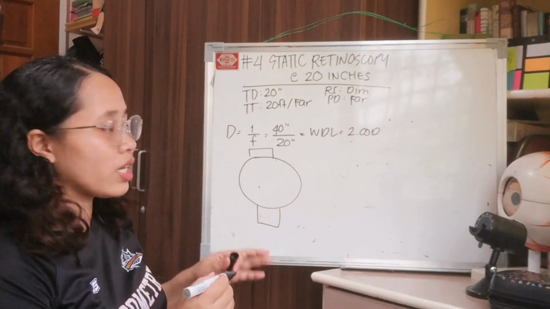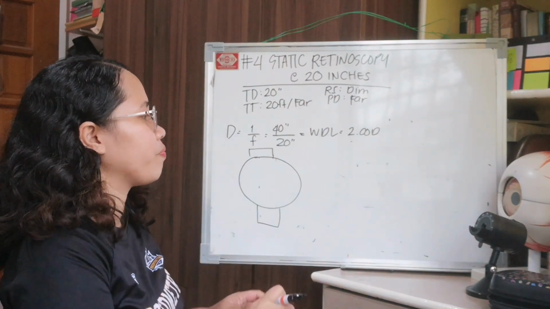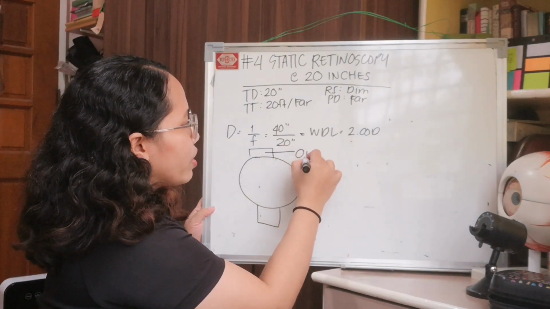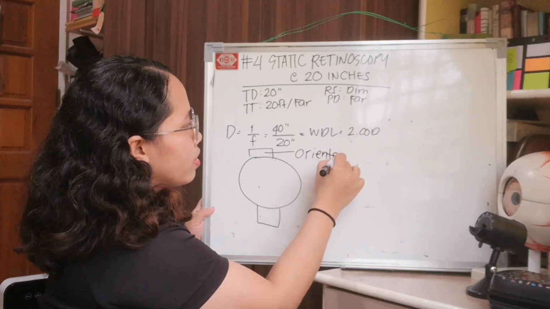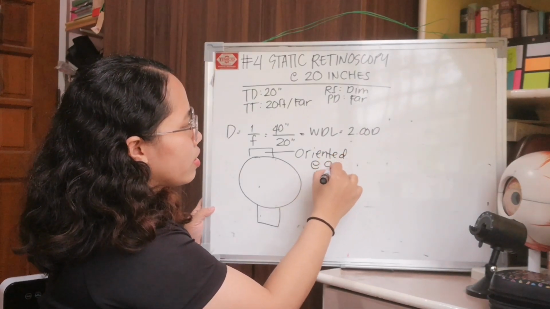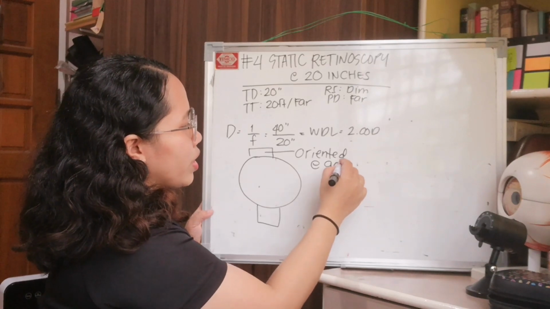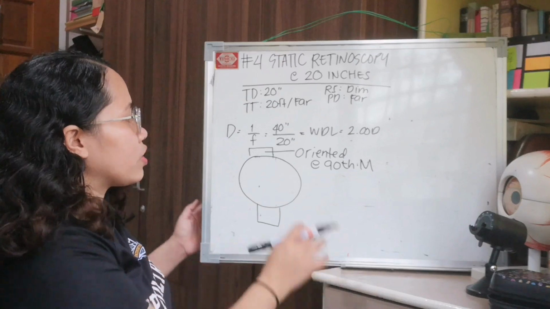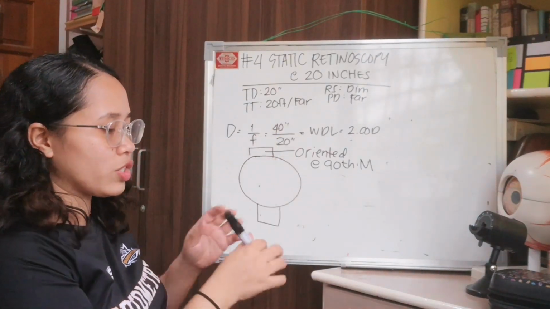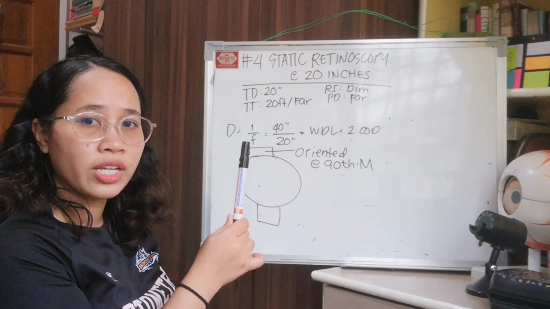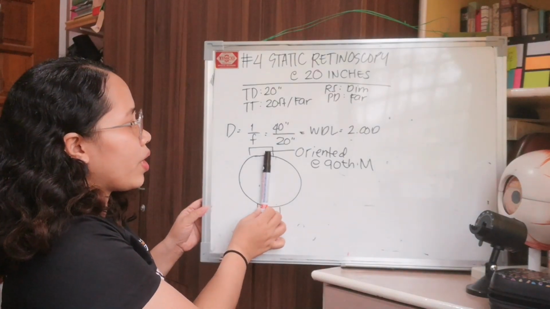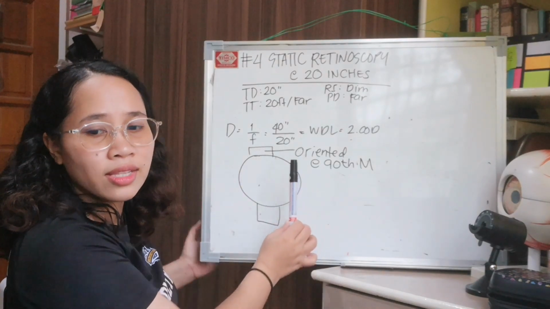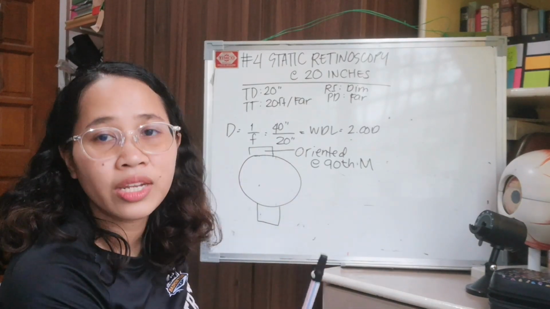The streak is oriented at the 90th meridian. The streak is oriented in the 90th position, or straight, but you are neutralizing the 180th meridian.